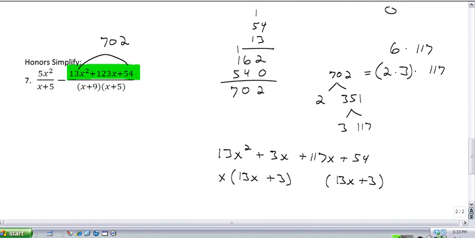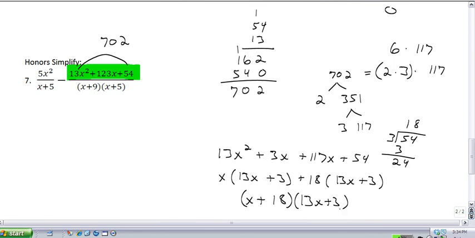Well, 20 times 3 is 60. Well, let's just do this. 54. It's Friday. My brain's not working. Divided by 3. 1 times 3 is 3. 24, so 18. I factored it. I don't even know if it's going to help. x plus 18, 13x plus 6. Oh boy.